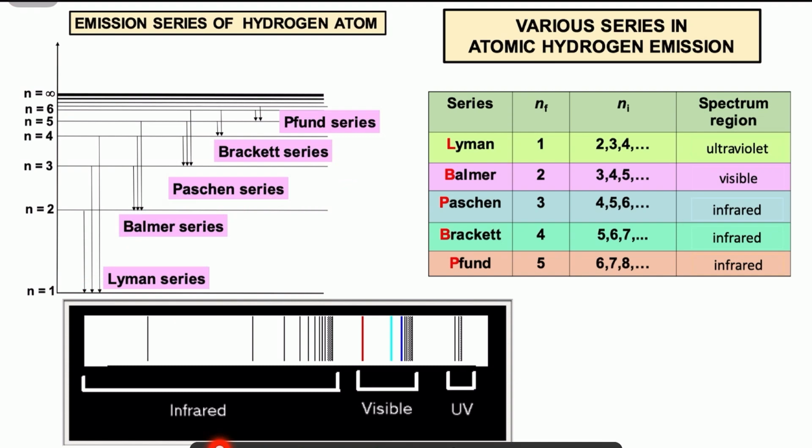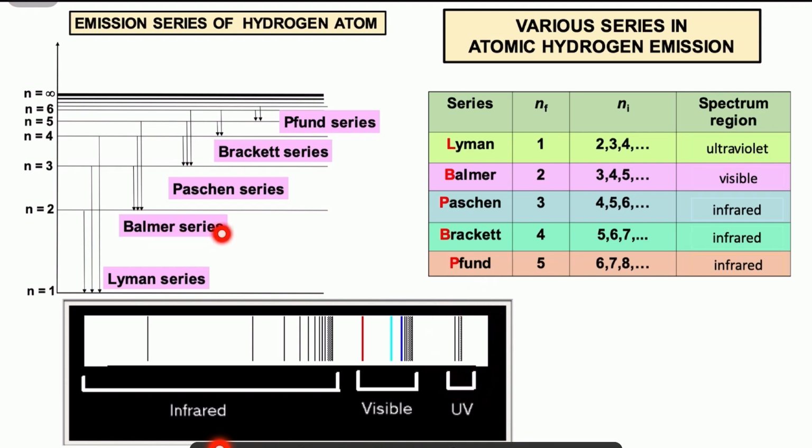If the electron falls to n equal to 1, it is the Lyman series. What is the spectrum region for the Lyman series? It is ultraviolet.